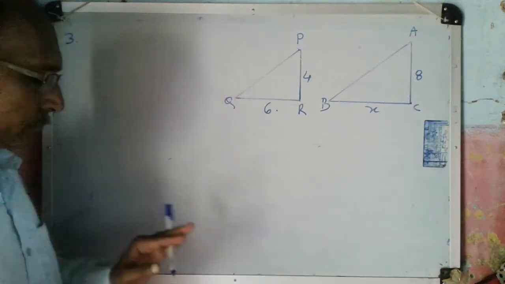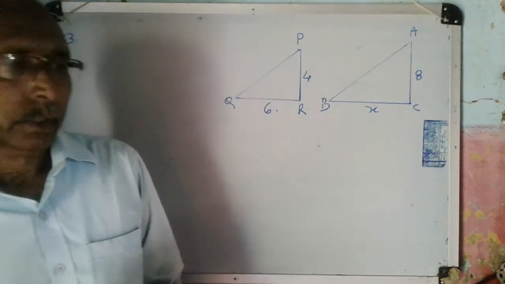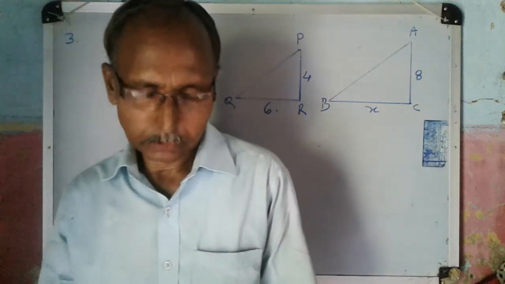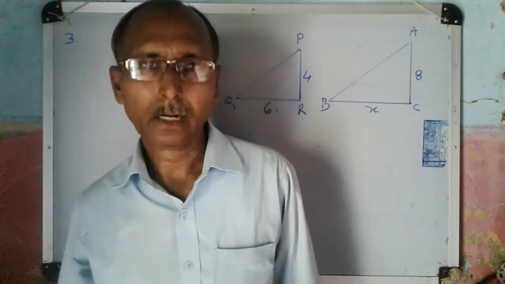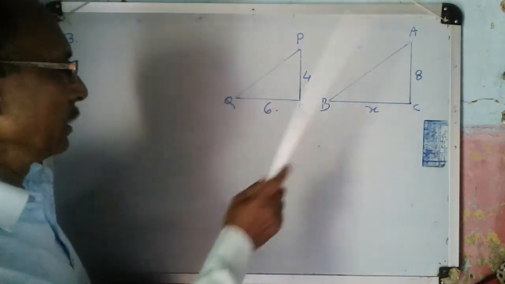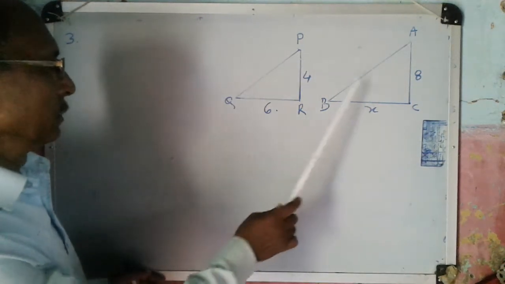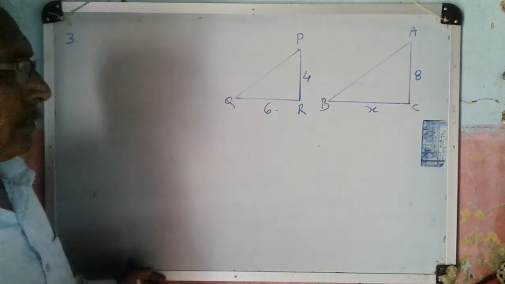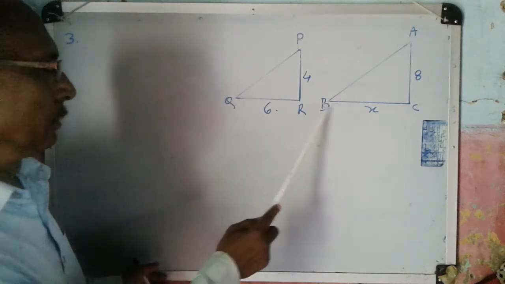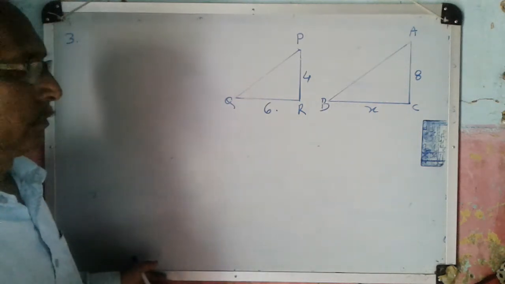To solve this example, first we have to prove that these two triangles are similar. Now we will see by which test these two triangles are similar. Then we will find the value of x.